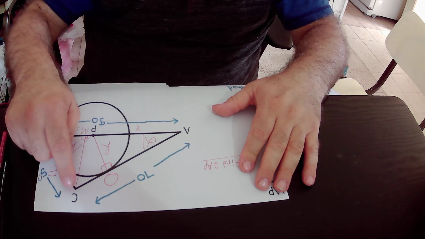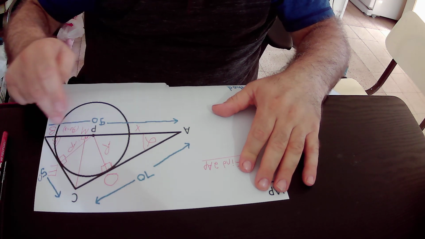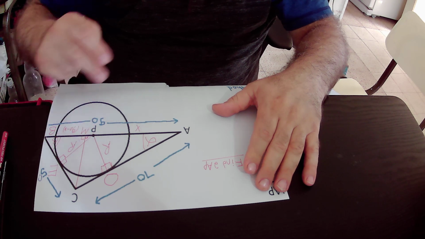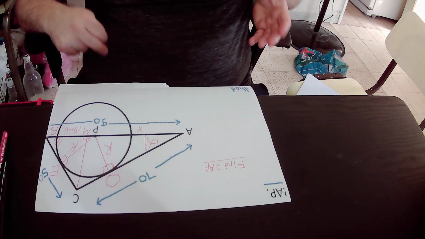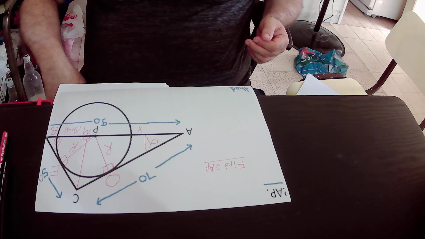That is to say, angle CMA is 90 degrees and also angle CMB equals 90 degrees. Okay, so we have created here 4 right triangles.